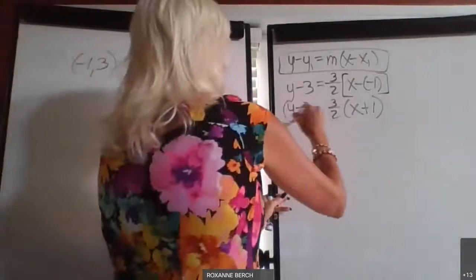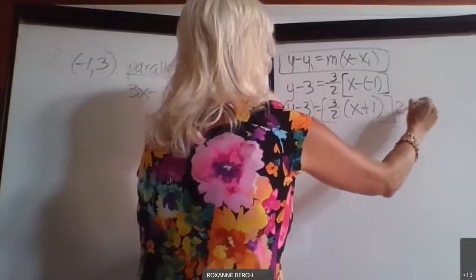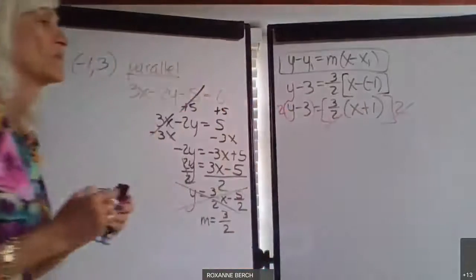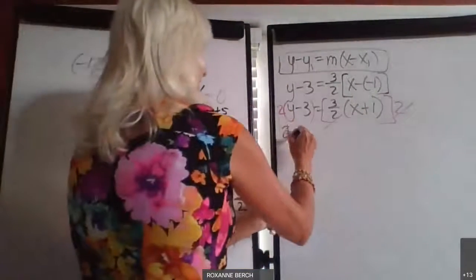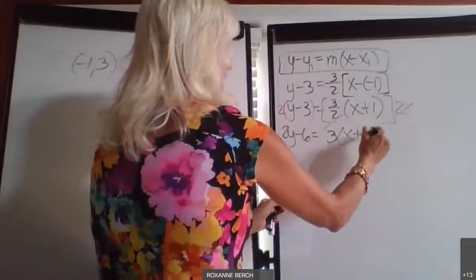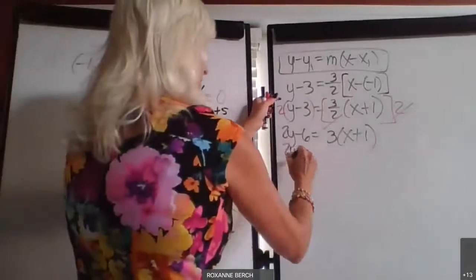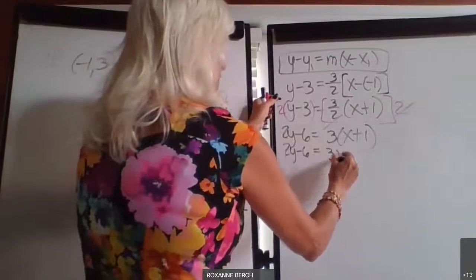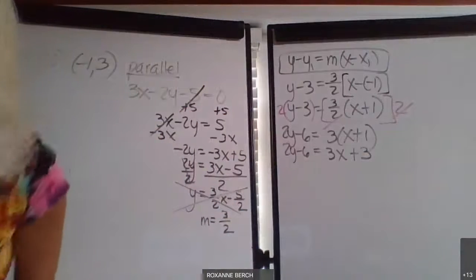That's what I'm going to do. I'm going to multiply both sides by 2. So you get 2y minus 6 is equal to 3 times the quantity x plus 1. So now you distribute. So this would be 3x plus 3, and we solve for y.